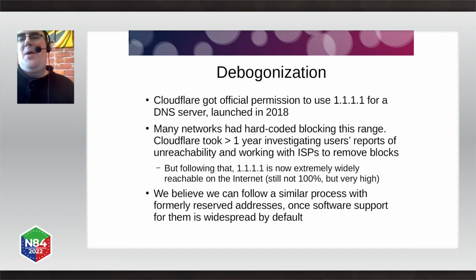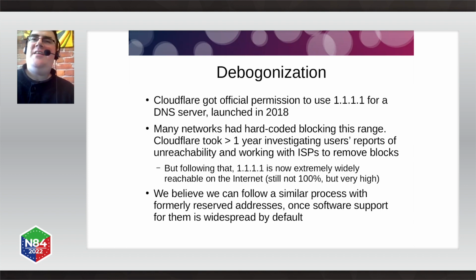Now, I like to make an analogy, and people may have questions about exactly how exact this analogy is, but I like to make an analogy to the extremely popular service at 1.1.1.1 from Cloudflare, their public recursive DNS resolver, which they launched in 2018. And they found that quite a lot of people had actually hard-coded blocking that. And on day one, when they launched it, quite a lot of people could not reach it.